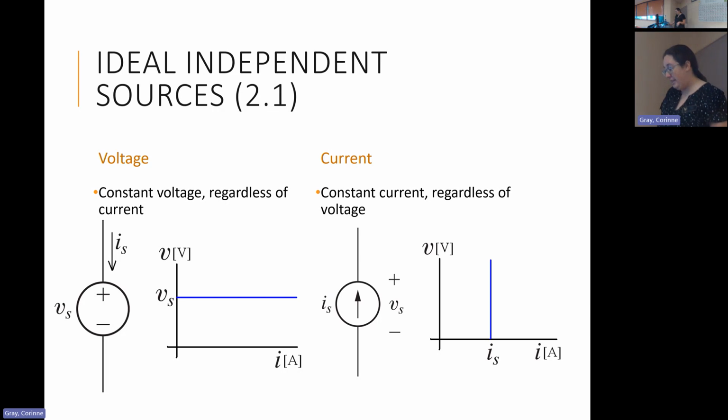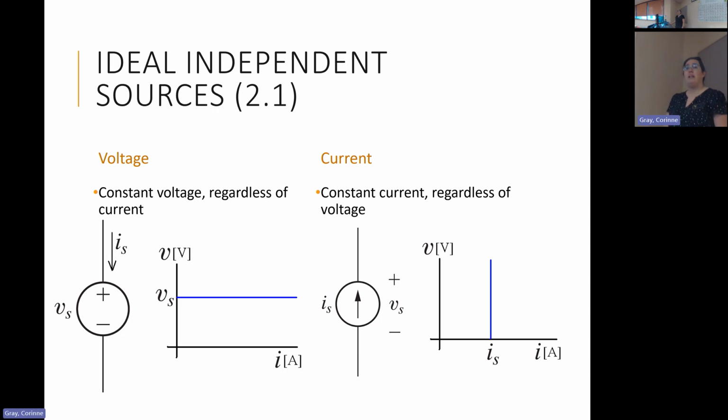If we look at the constant current source, or the ideal independent current source, that is going to be the same current regardless of the voltages. So again, no matter how many resistors we put into it, the current would remain the same for an independent current source. So this is what we've been dealing with so far in this class. Nice, ideal, constant values.